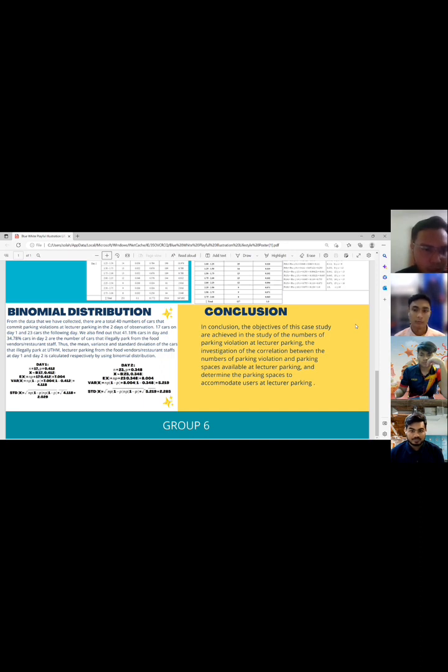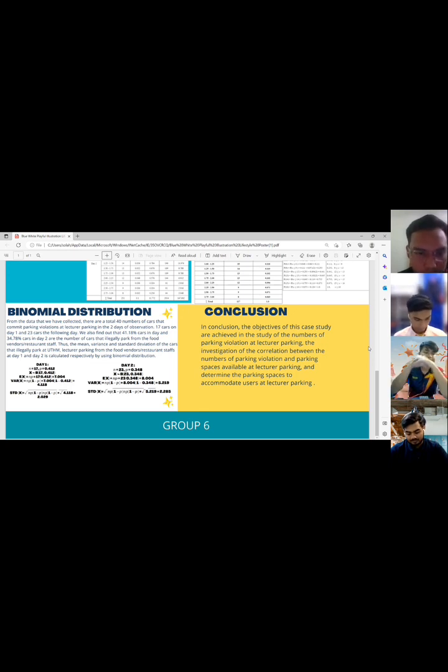We get 4.118. So for the standard deviation, the equation is square root of np multiplied in brackets 1 minus probability of success. We get 2.029. So for day 2, n is 23 and p is 0.348. The equation is the binomial in brackets 23 and 0.348.